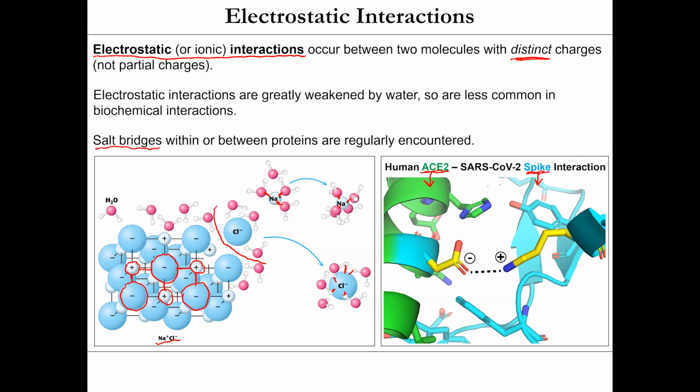There are a lot of interactions between these two molecules that allow them to interact, including an interaction between this negatively charged amino acid on the ACE2 protein and this positively charged amino acid on the SARS-CoV-2 spike protein. So this is an example of an electrostatic interaction that occurs in a biological system. While they are not insanely common, you do encounter them in biology.